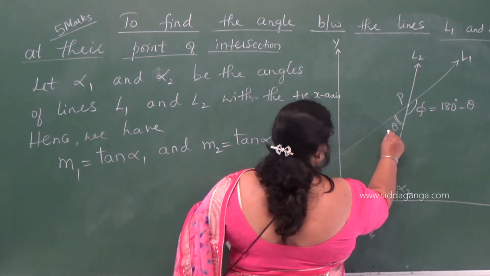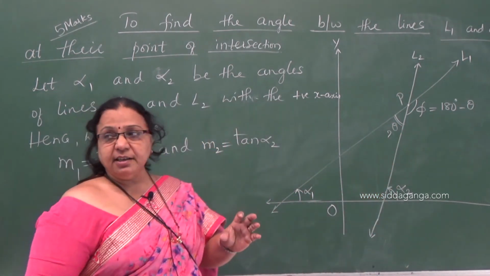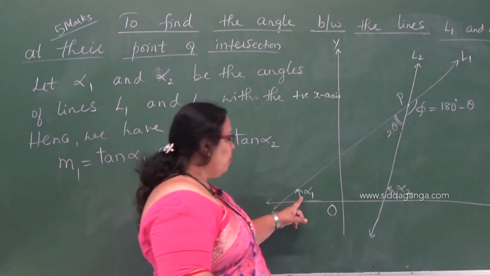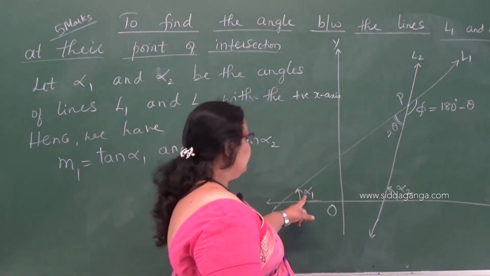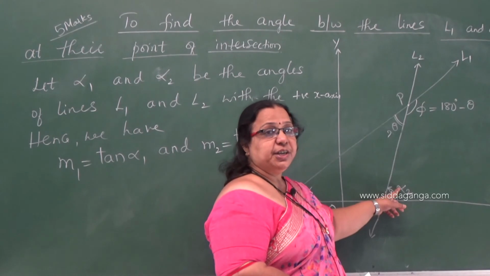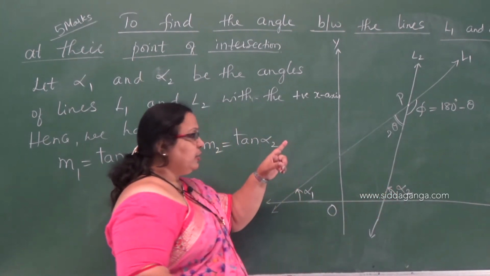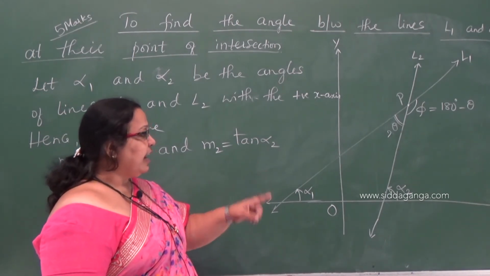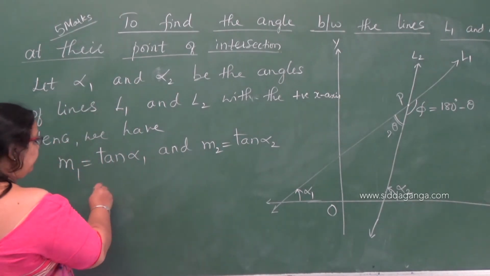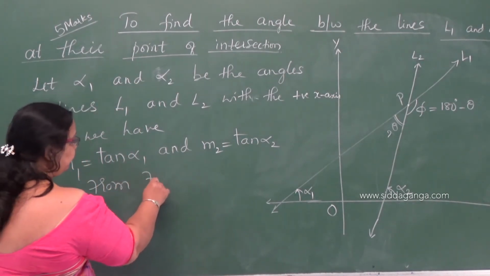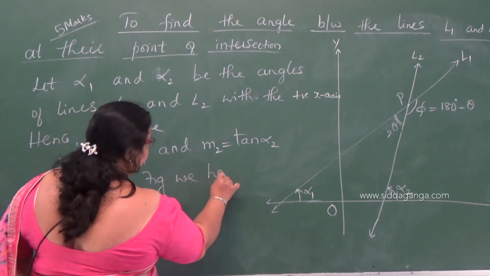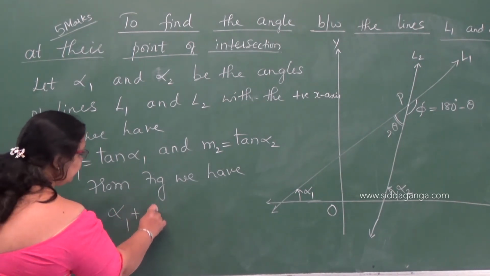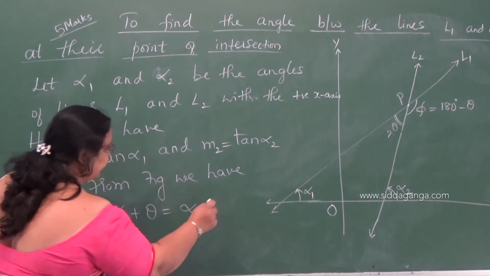In a triangle, we know the concept that the sum of the two interior angles is equal to the exterior angle, and hence we have from the figure the sum of the interior angles equal to the exterior angle.